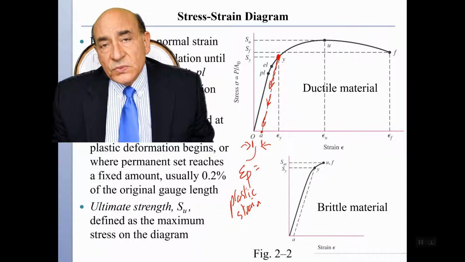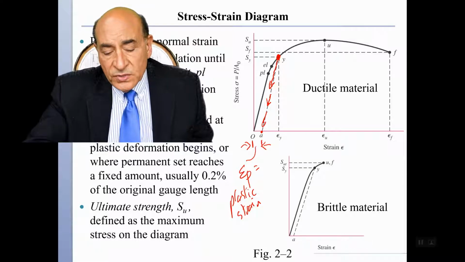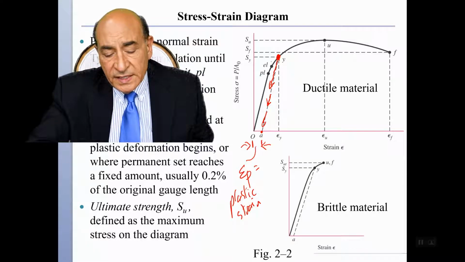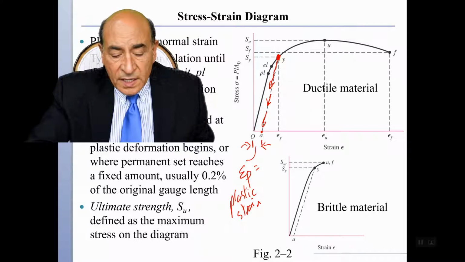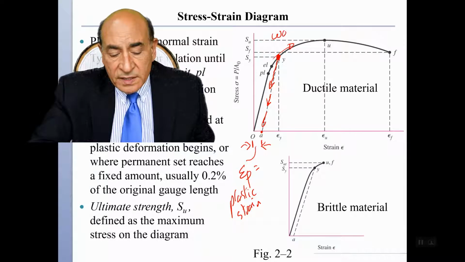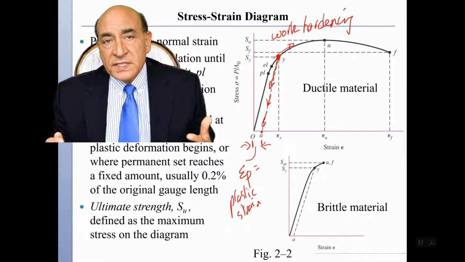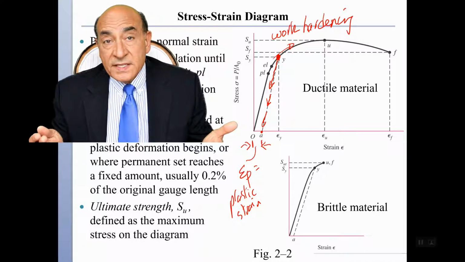Now one thing that we would notice, that if we continue loading the material beyond the yield point, the material is going to start what we call work hardening. And work hardening is a process by which the material tries to preserve itself by increasing its resistance.